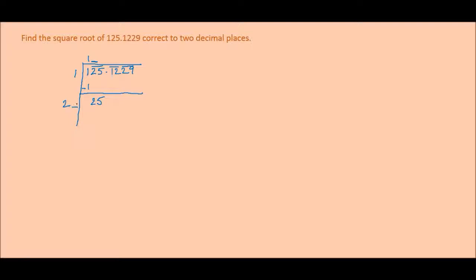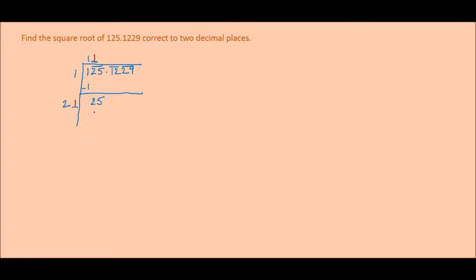If S is 2, 22 multiplied with 2 will give us a product of 44, which will be more than 25. So we cannot take 2 over here. We have to take 1 because 21 multiplied with 1 will give us a product of 21, which is less than 25. And since S is equal to 1, we have to put a 1 over here as well.